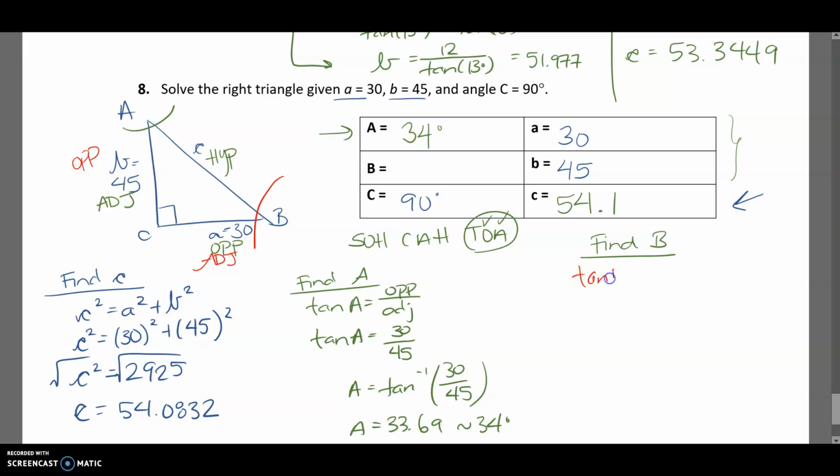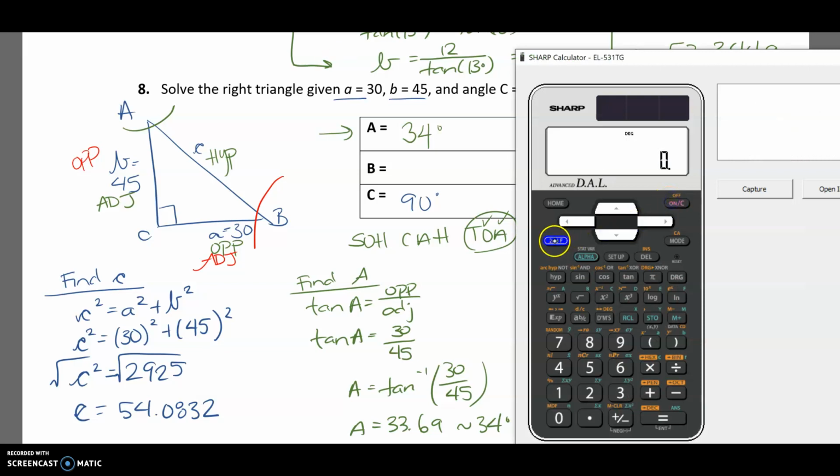So I can look at using the tan of angle B is the opposite side over the adjacent. With those sides relabeled from angle B, the opposite side is 45 over 30. To get B by itself, I move the tan over with its inverse function. And then I can go to my calculator.